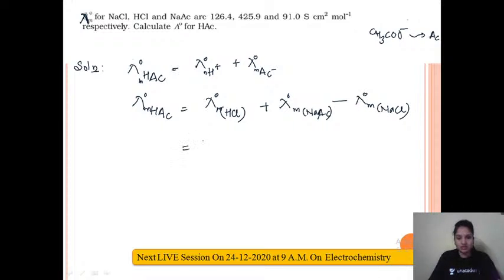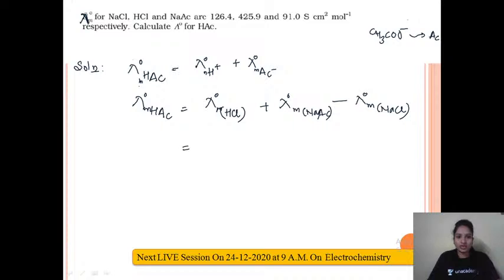Now what is happening here? You can see HCl is there, NaAC is there. What we are subtracting? We are subtracting Na and we are subtracting Cl. So from here if Na is going and from here if Cl is going, what is remaining? AC and H is remaining, correct?